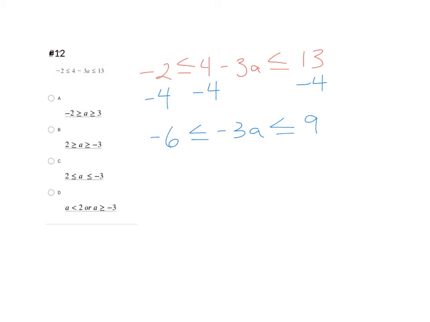Now we're going to divide all three parts by negative 3. Remember, when you divide by a negative, we've got to flip the inequalities. So this is going to be 2 greater than or equal to a greater than or equal to negative 3.